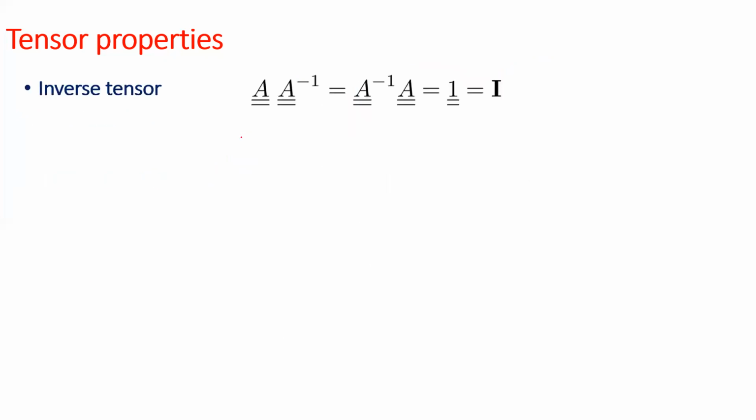Inverse tensor, as you can guess: A times A inverse should be equal to the identity tensor. Again, depending on the book, you may see it this way or that way. We are writing a vector this way and a tensor this way with a single underline. A particular textbook may represent all vectors with lowercase and all tensors with uppercase. So you will have to pay attention to what is what.